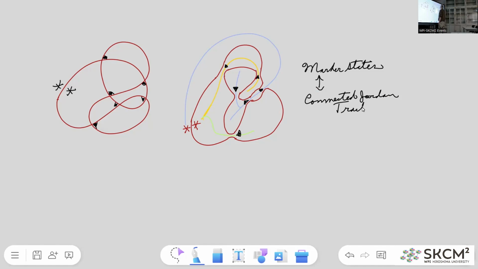I say a Jordan trail because it's a Jordan curve in the plane, a connected Jordan curve that traverses the diagram.